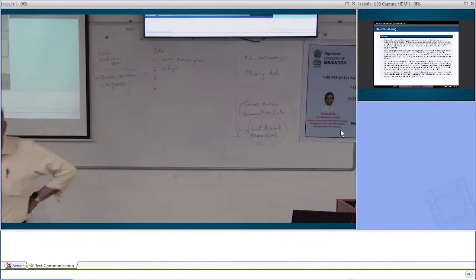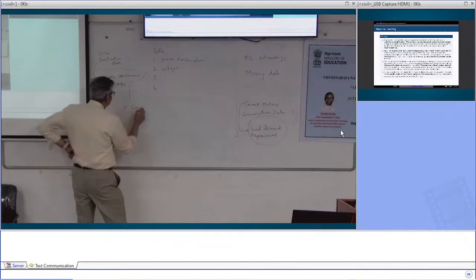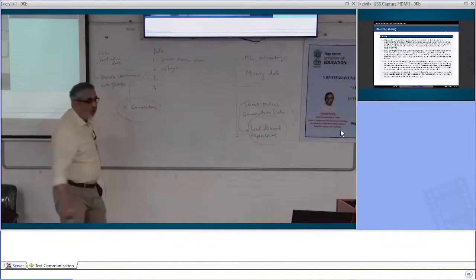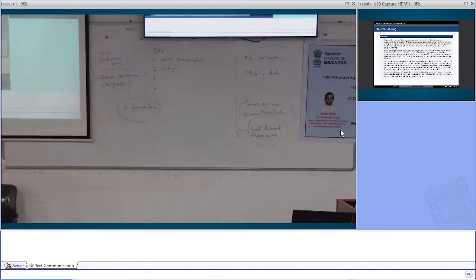We have set a target for ourselves that we'll take this 24-hour data, and we have so many generators here, and we will schedule them for the next 24 hours based on that. Our aim is clear: we have X numbers of generators, and we want to schedule them so that we minimize our losses, minimize this, minimize that, etc.